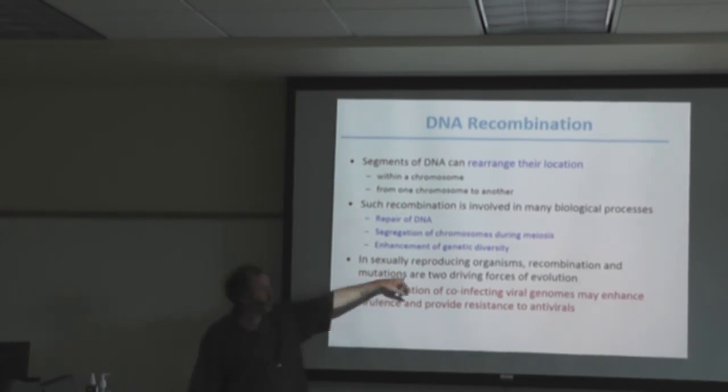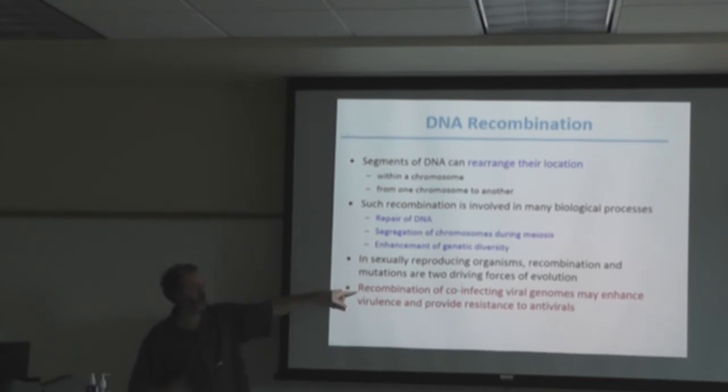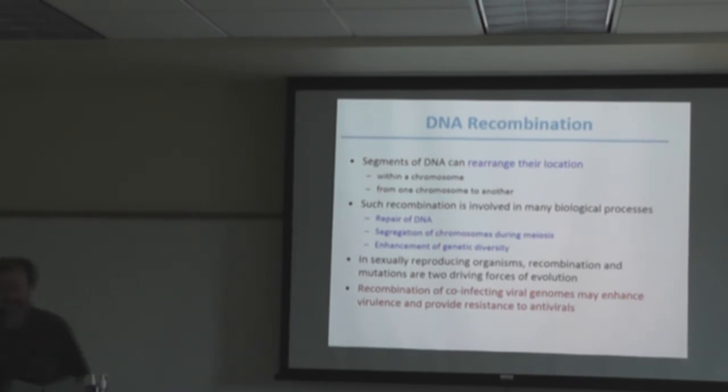In sexually reproducing organisms, recombination and mutations are two driving forces in evolution. Recombination of co-infecting viral genomes may enhance virulence and provide resistance to antiviral drugs also. So there's a competitive advantage for this recombination.